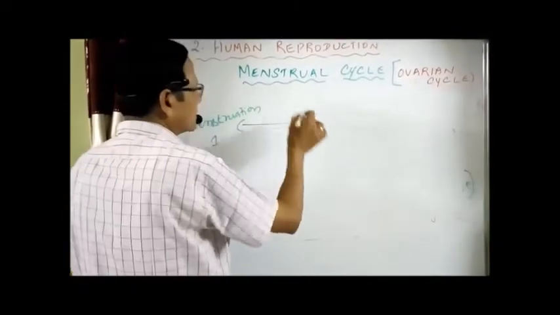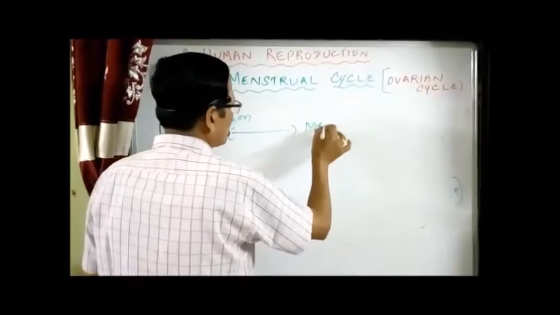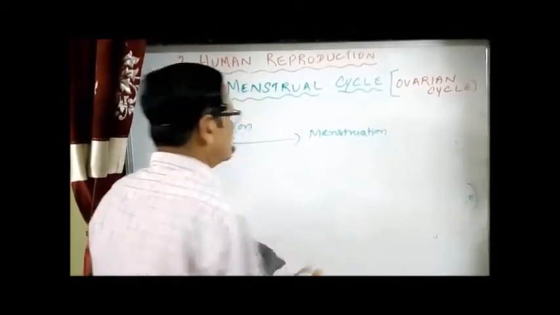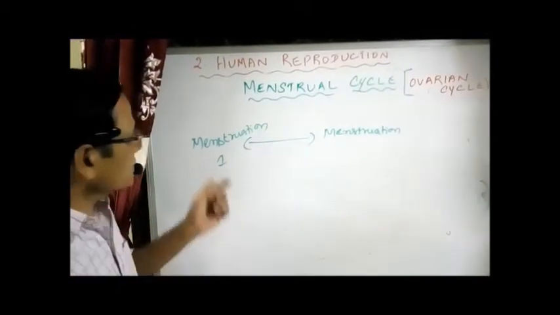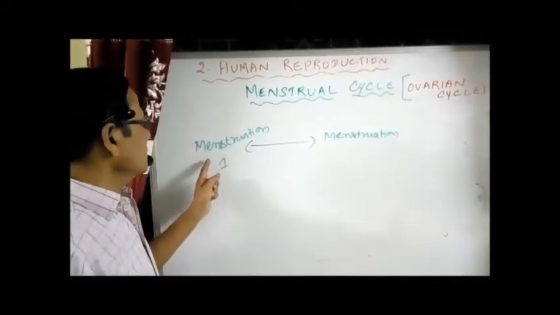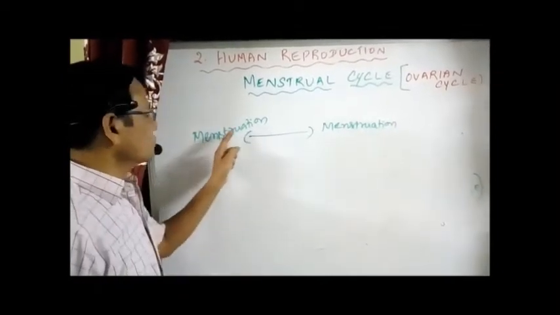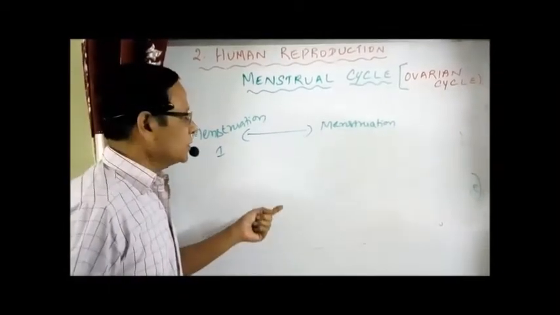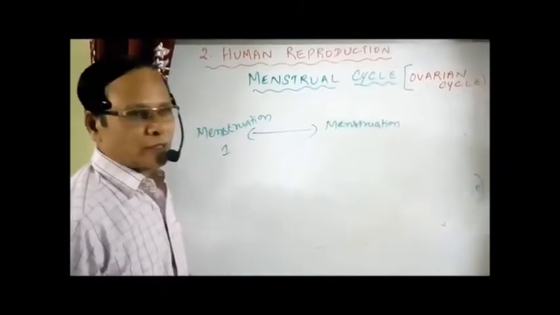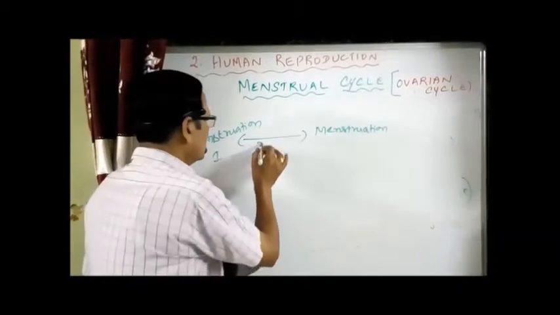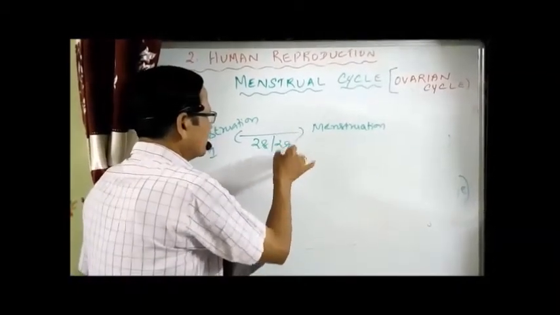After the completion of the cycle, we have the next menstruation, which marks the beginning of the next cycle. So the cycle of events that occurs from one menstrual period till the next is called the menstrual cycle. The duration I mentioned already, 28 to 29 days.